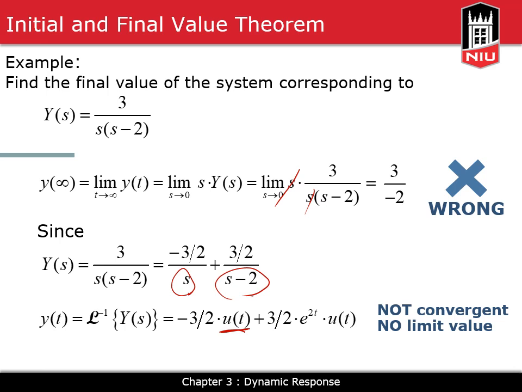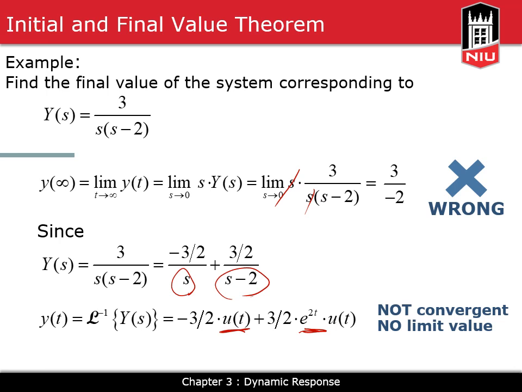From the table, we know that the inverse Laplace transform of 1 over s plus a is e to the negative at. A here is negative 2, so the inverse Laplace transform is e to the negative 2t. Negative signs will cancel out, so it will be e to the 2t, this term here.